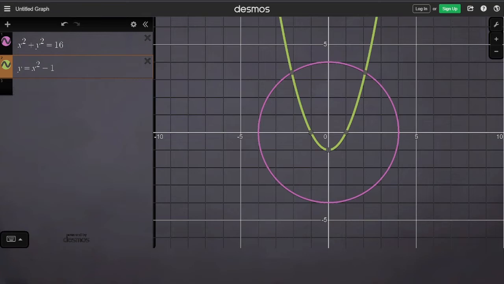This system of equations has two solutions. There are two places where the two curves meet each other. In this particular case, they happen to be symmetric.